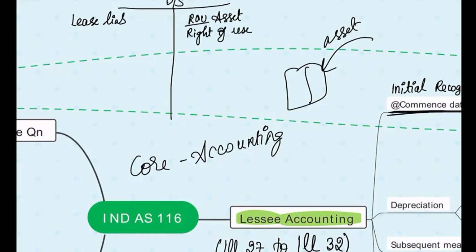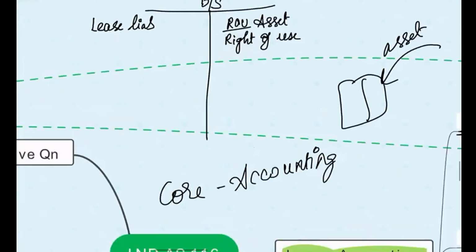ROU asset means the right of use asset. Here I'm going to tell you what is lease liability and what is ROU asset. Lease liability means the lease payments that you are going to pay through your lease term.